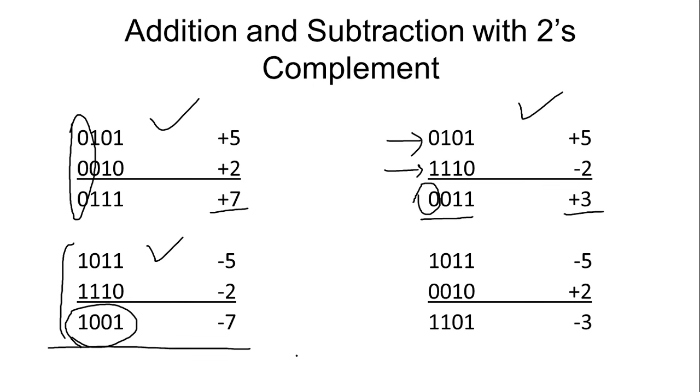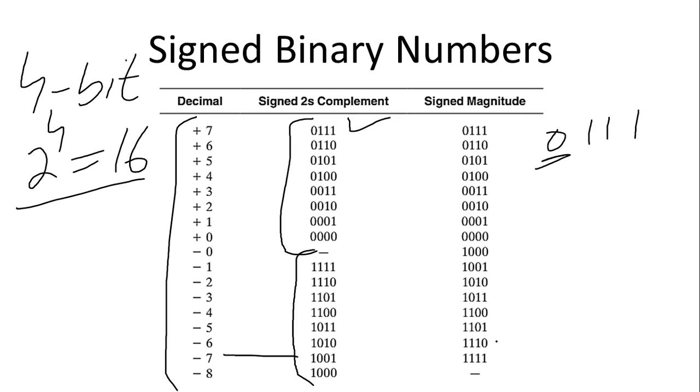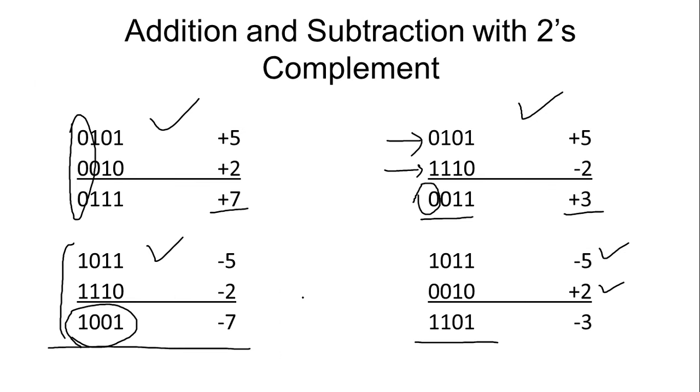So the answer is correct. In the fourth example, we have a larger negative number, -5, and a smaller +2. So -5 plus 2, the answer is -3, which is in 2's complement form. For verification, -3 is 1101. So here -3 is 1101. So the answer is again correct.